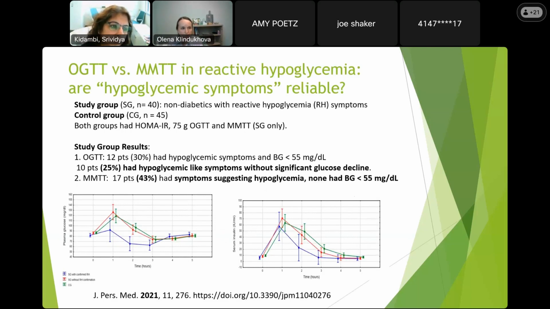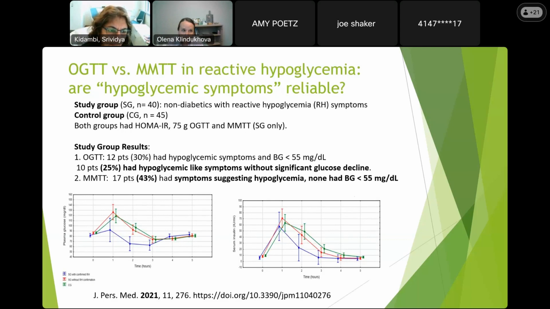My next slide is a more modern study where they compared oral glucose tolerance with the mixed meal test, and they mostly focused their report on the symptoms.